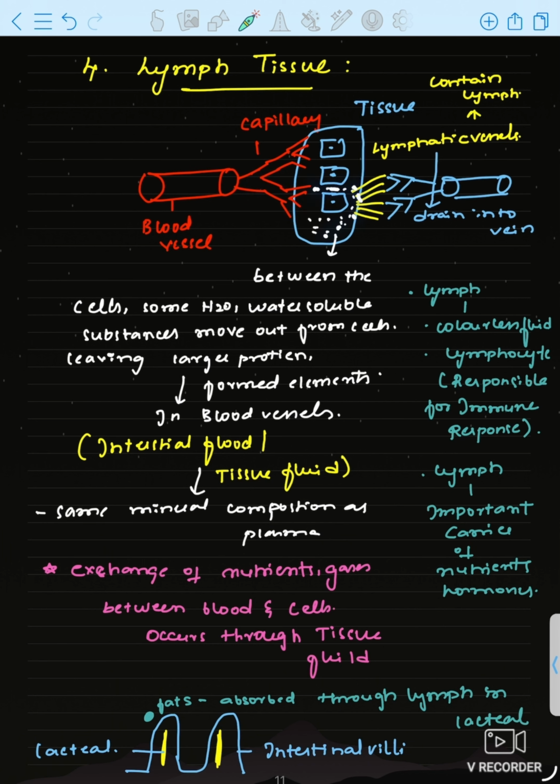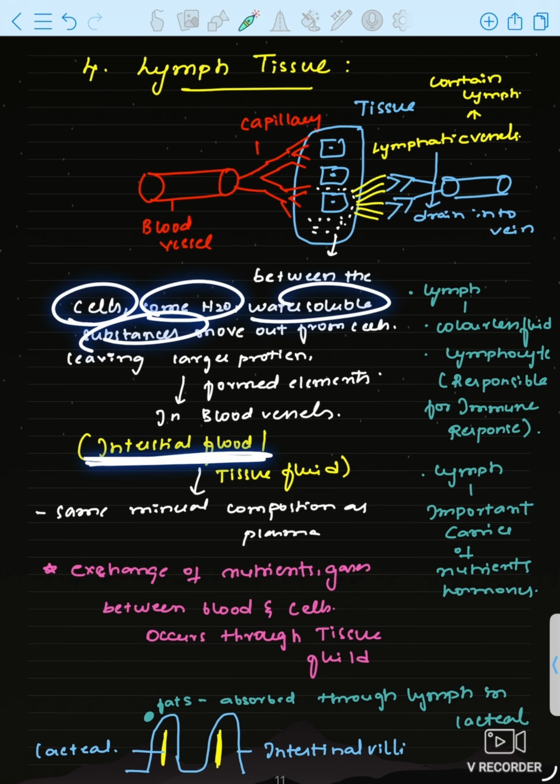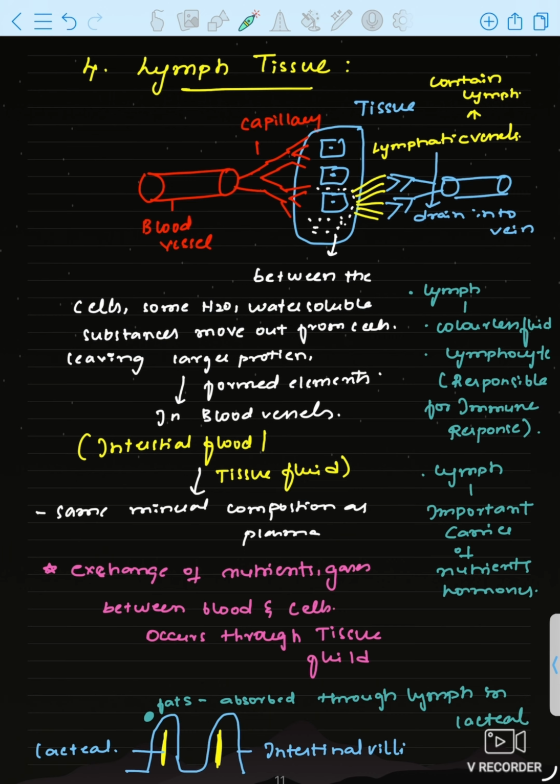What is this fluid in between the cells, which contains some H2O and water soluble substances? That is interstitial fluid or tissue fluid. What is the composition? It is the same as plasma, with the same mineral composition as plasma.